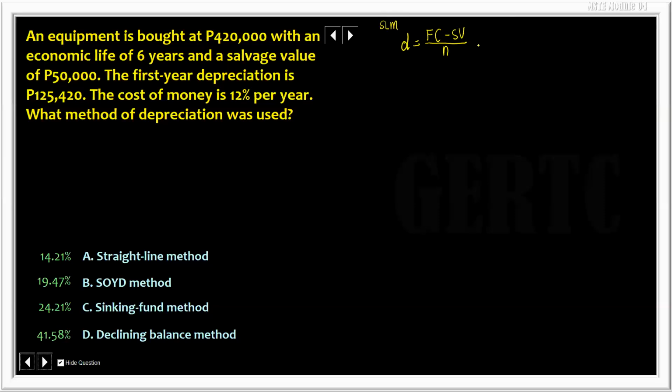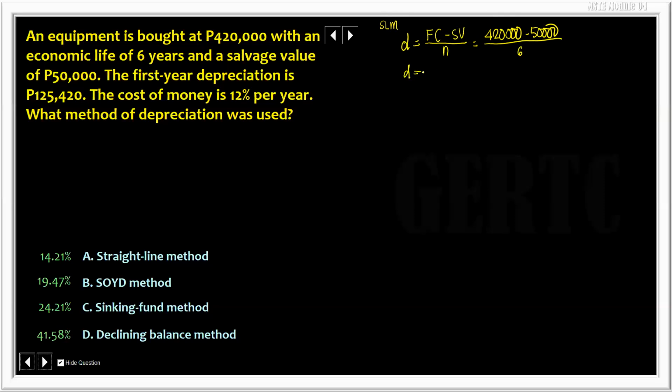If we evaluate this, first cost is 420,000 and the salvage value is 50,000, all over the economic life, which is 6 years.